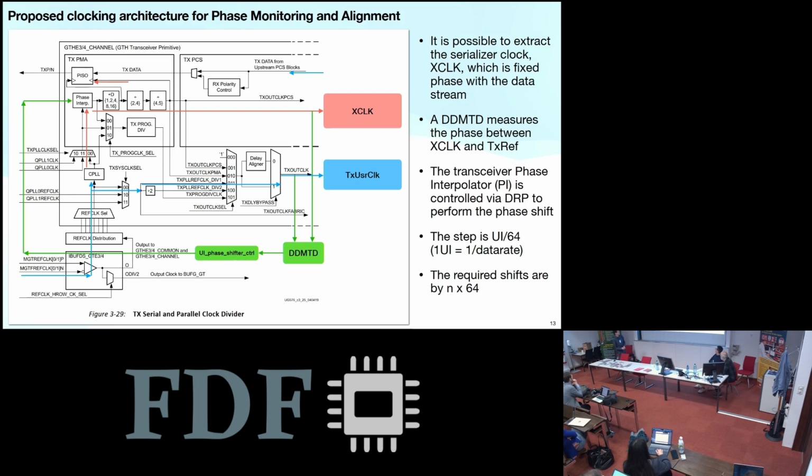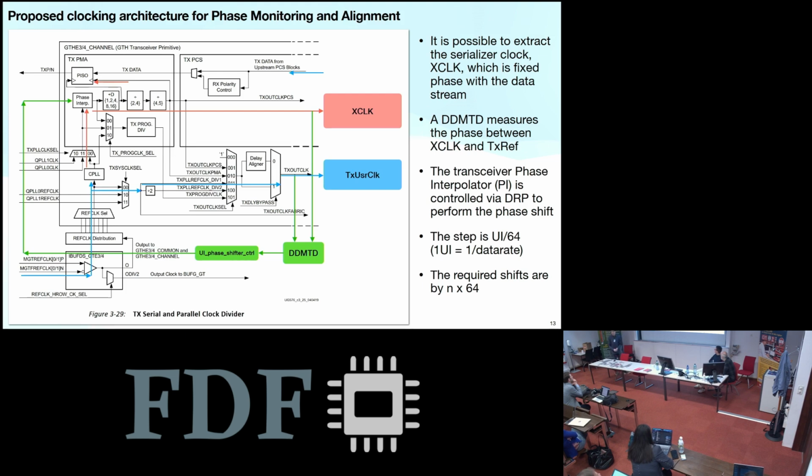And with this information, we can phase shift the phase of X clock to be matched with our reference. And in this way, we end up with a phase of the transmitted data fixed to the phase of our reference, also between startups. So we do this after startup, and then we always have the same phase.